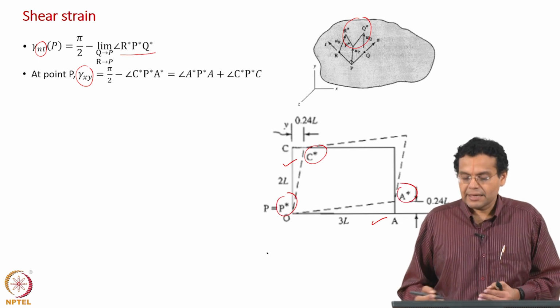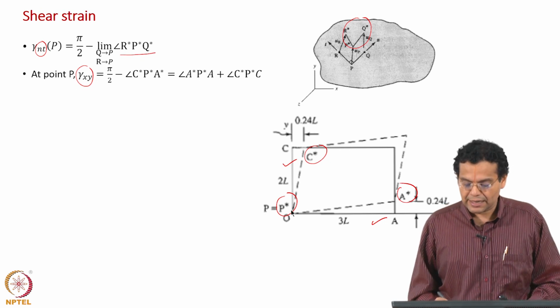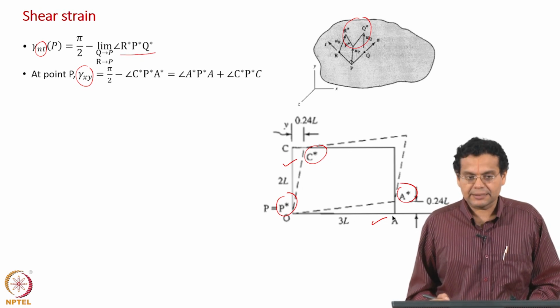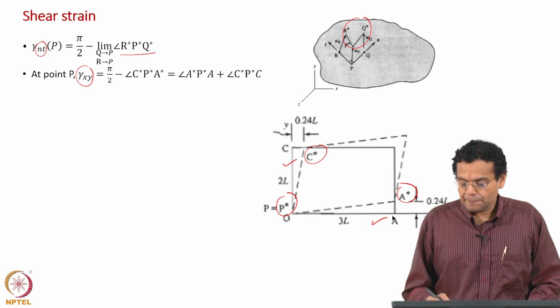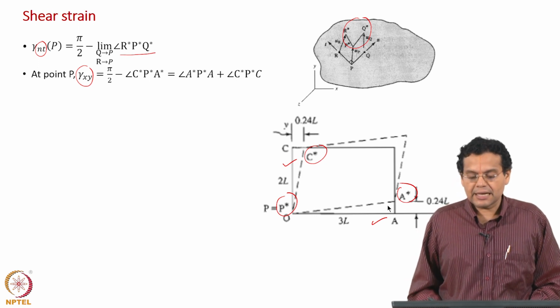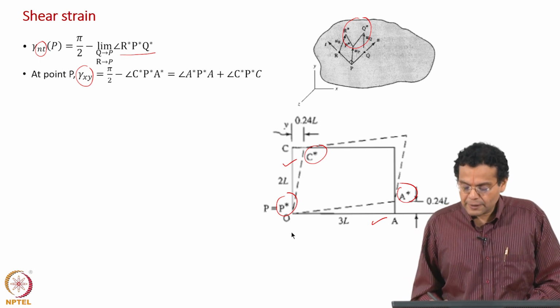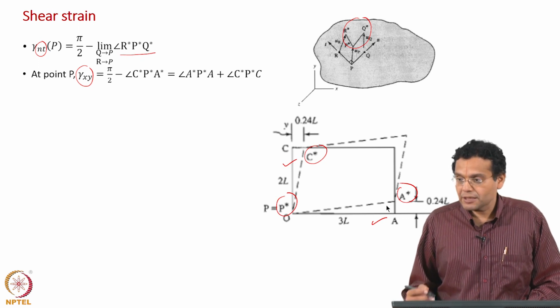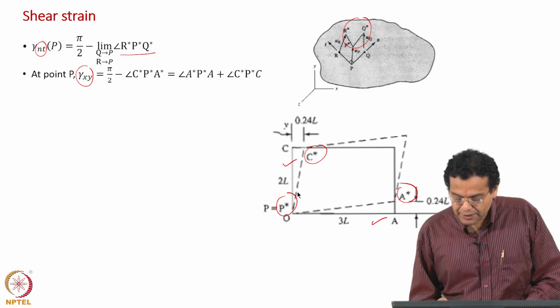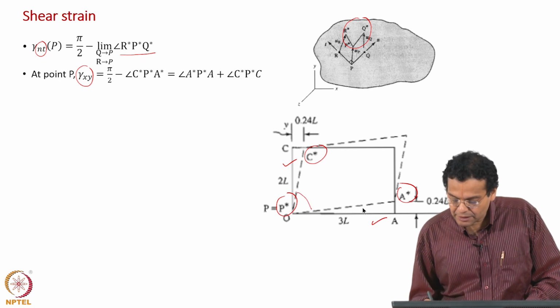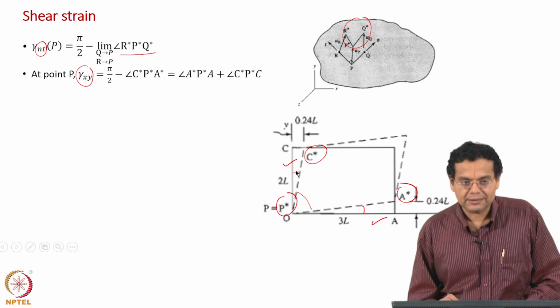Is it okay? That is the final angle. So, pi by 2 is the original angle, C P A, that is 90 degrees, minus the final angle, C star, P star, A star. Now, what is to be expressed in terms of what is given to us? We will express the difference between 90 and this angle as the sum of these two small angles. Is it okay?